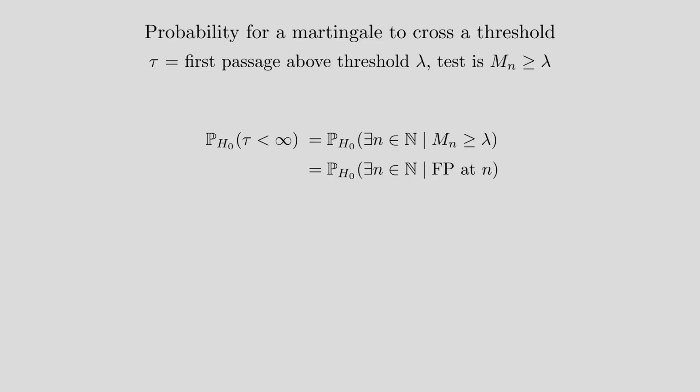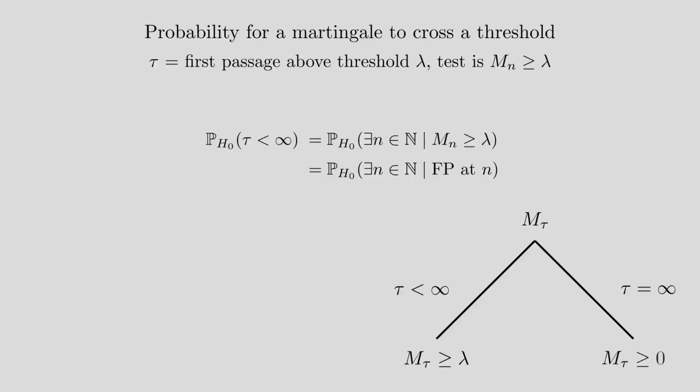At time tau, either tau is finite, in which case by definition of tau we have that the evidence at time tau is bigger than lambda, or tau was in fact infinite, and the evidence was never bigger than lambda. But we still know by definition that it was always bigger than 0.